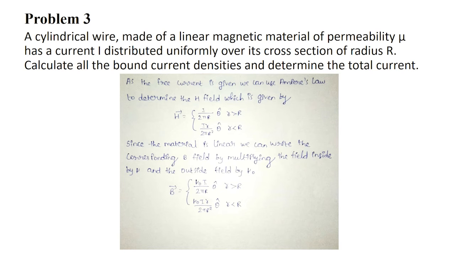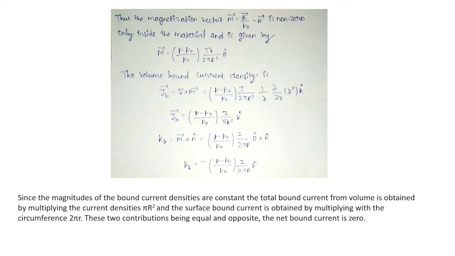We know the corresponding magnetic field, and thus the magnetization vector M equals B by mu naught minus H, which is non-zero only inside the material. Substituting the value of B, M equals (mu minus mu naught) divided by mu naught, I r divided by 2 pi r squared, theta cap.